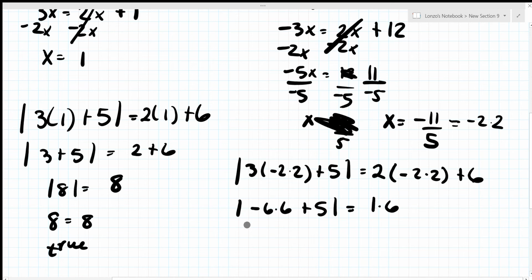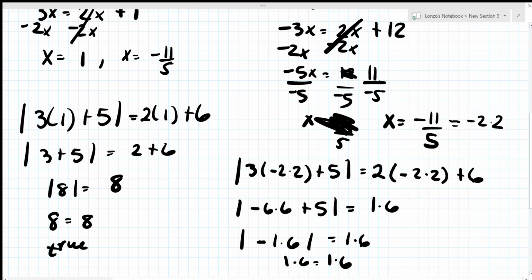So the absolute value of negative 6.6 plus 5, which is negative 1.6, is positive 1.6, and that should equal 1.6. So our two solutions are x equals 1 and x equals negative 11/5, or negative 2.2. They're the same thing.